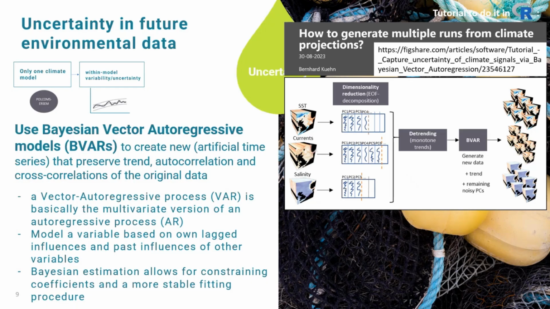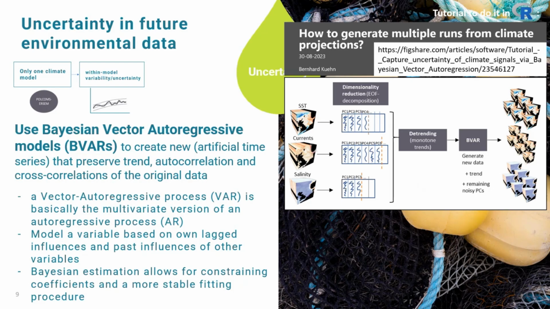But when you just reduce your SST, for example, to the first 4 PCs, and your currents, which is a bit more complex, to the first 10, and your salinity to the first 3, then you have only 19 variables that you can put into the BVAR procedure.